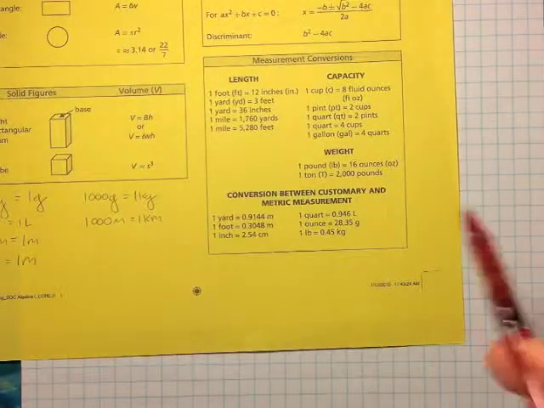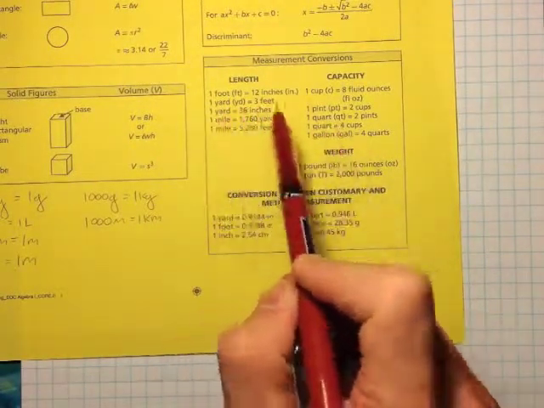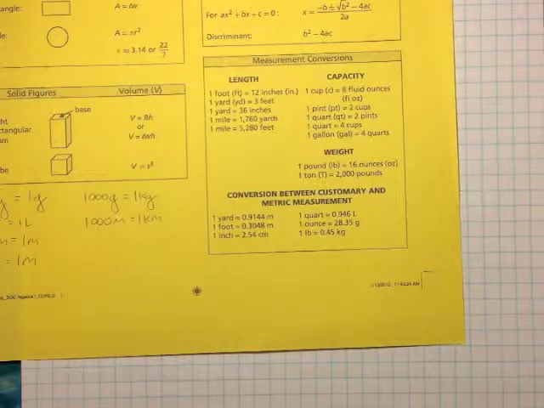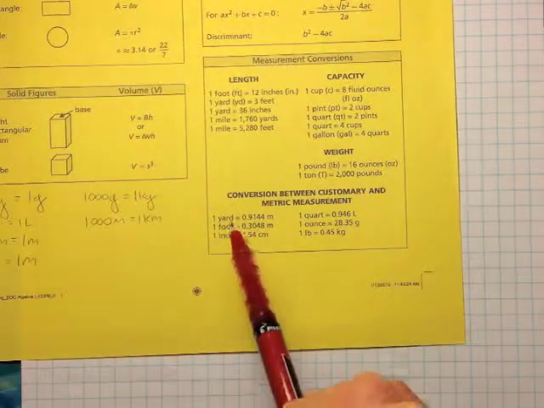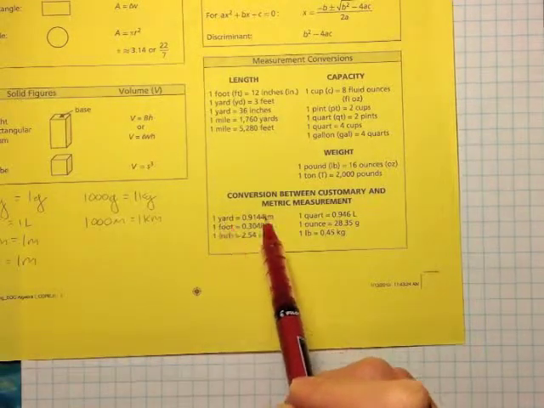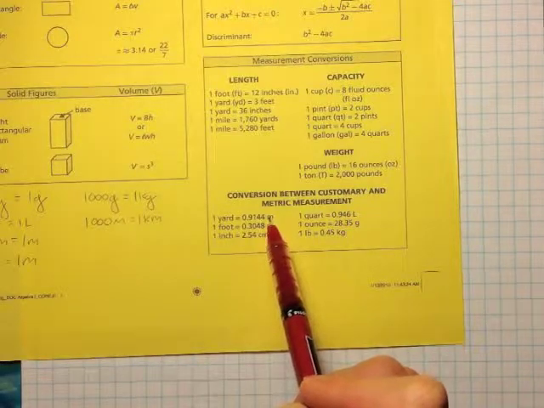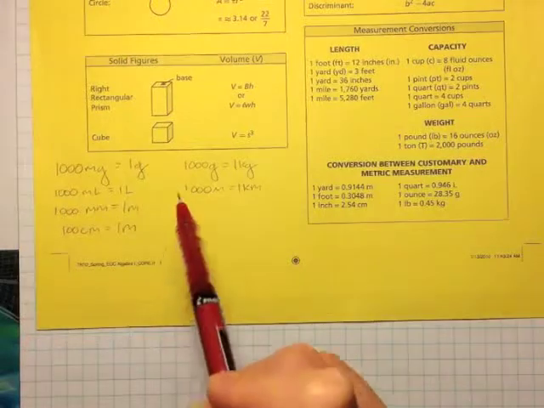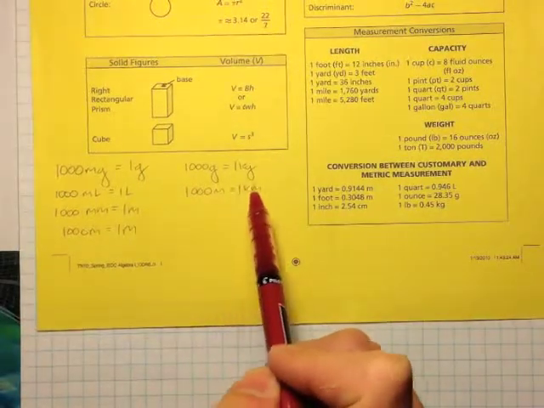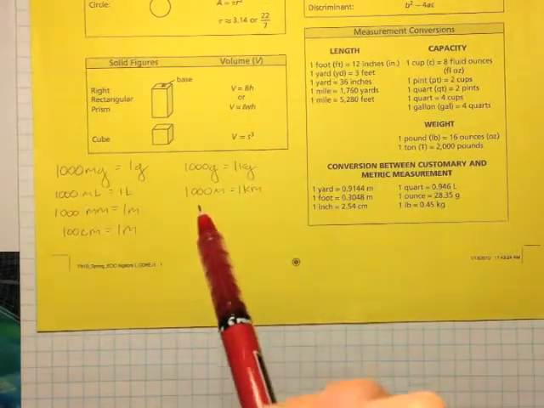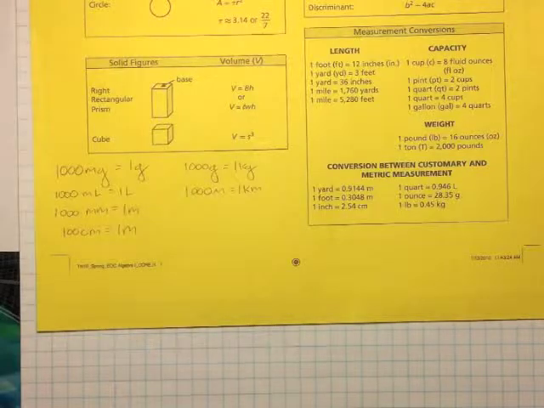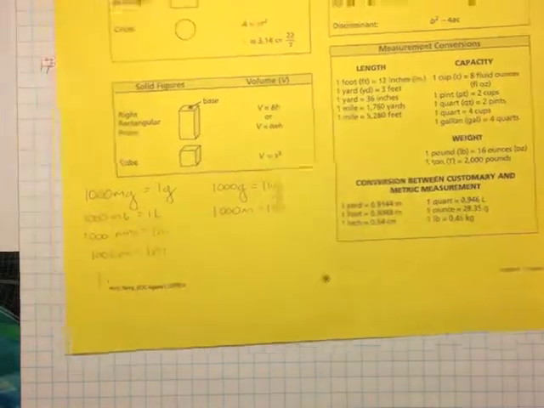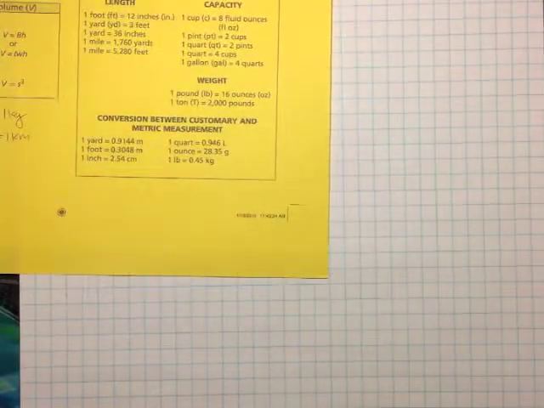I don't see a way to go directly from yards to kilometers. But I do see a way to go from yards to meters, and then with some of the extra conversion factors that I asked you to write down, we have a way to go from meters to kilometers. So this conversion is going to take 2 steps.